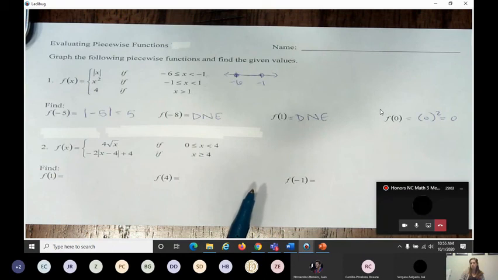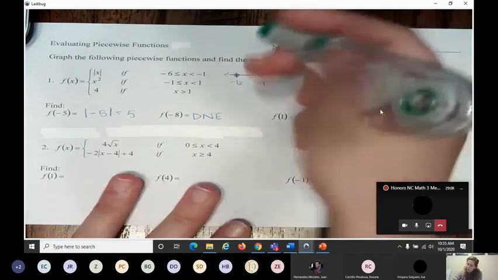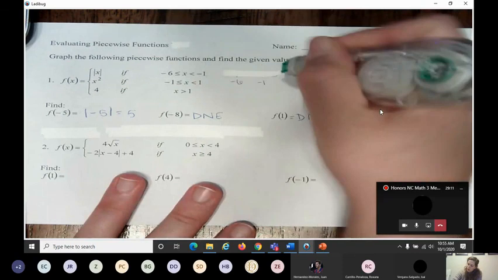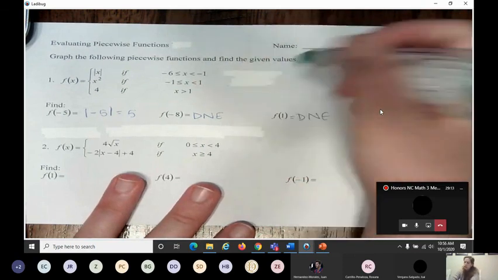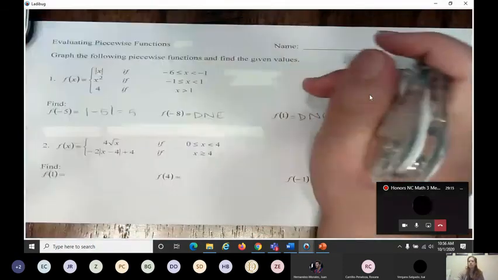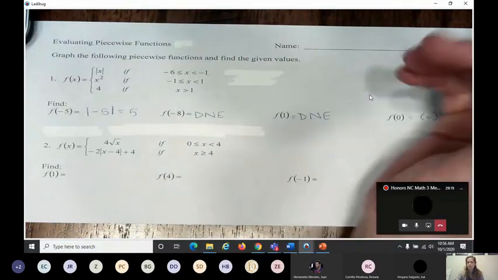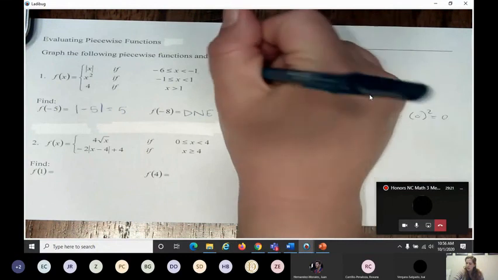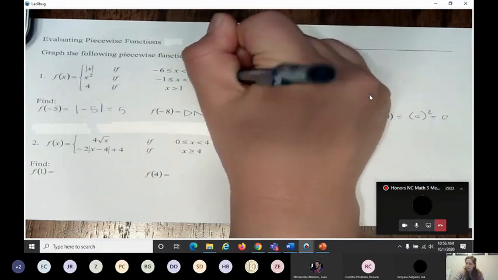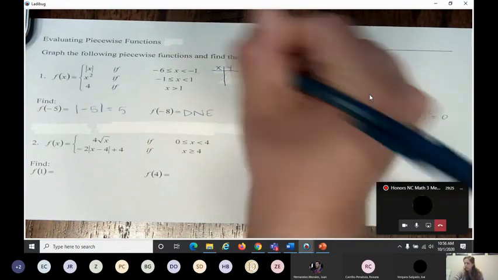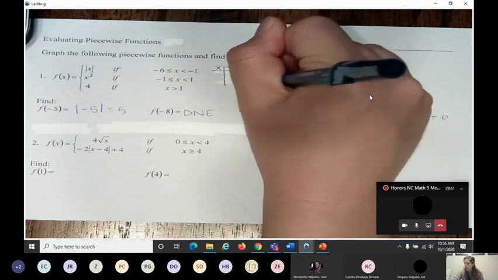I'm hoping so. I'm going to make a little bit of extra space so that we can try to graph this. When we graph piecewise functions, it's nice to have a table for each of our domains, just like we did in our notes the last class. So I'm going to make a little table for each of our domains, with x and y values.